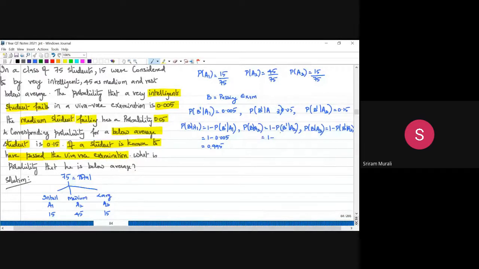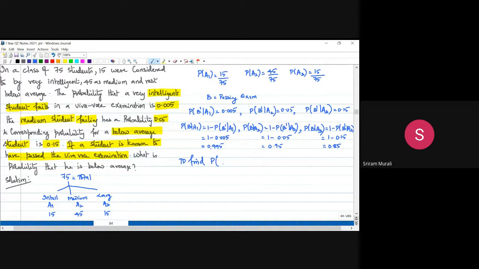Whereas this is 1 minus 0.05, so 0.95. The last one is 0.85.